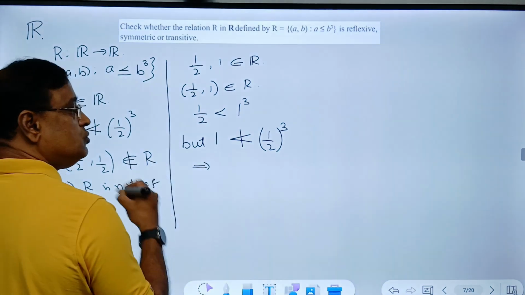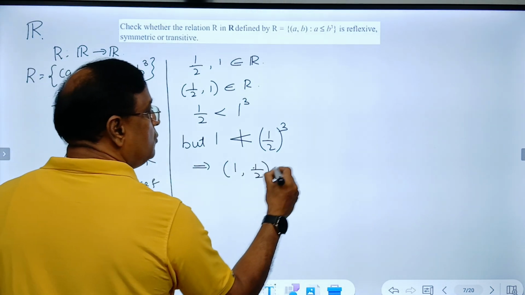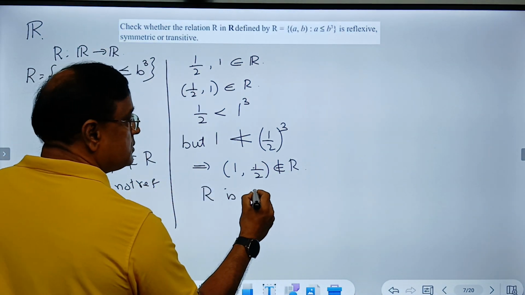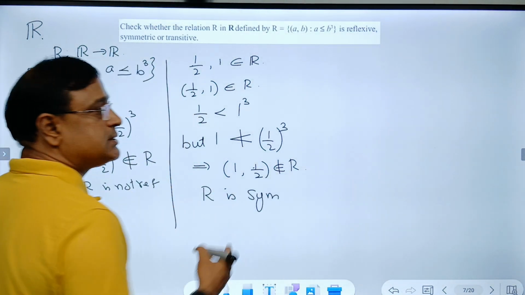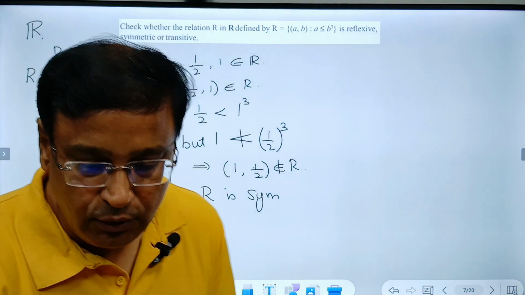This shows that (1, 1/2) does not belong to R. Therefore R is not symmetric. I took the same example so it's easy for you to remember both the problems. Okay, so I hope it's clear.